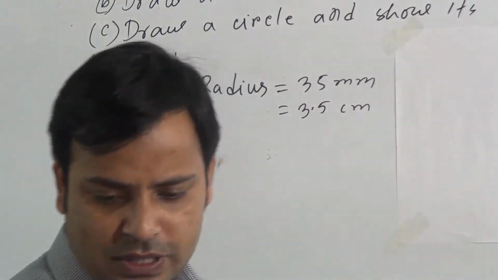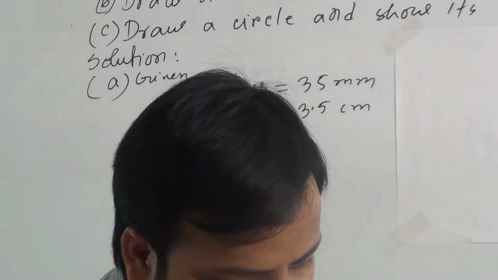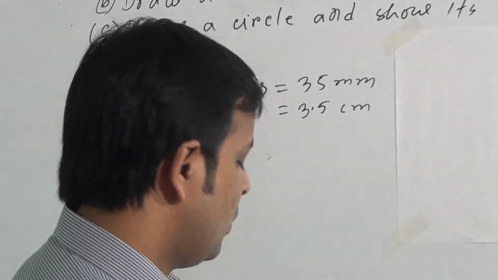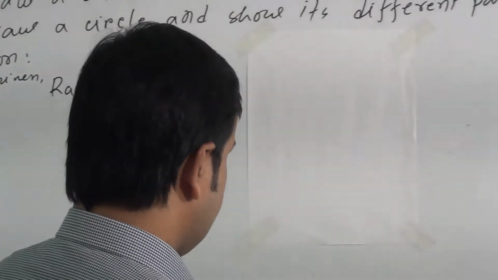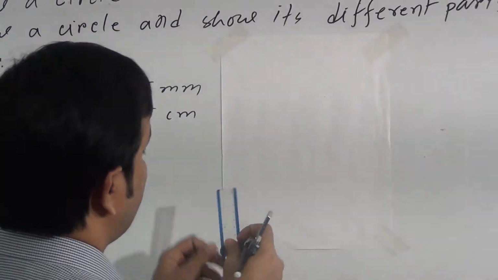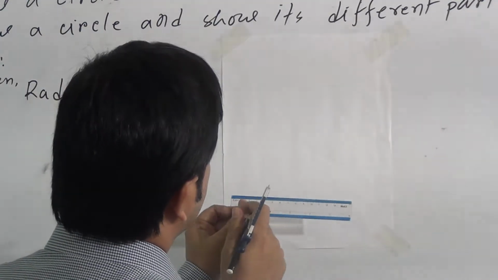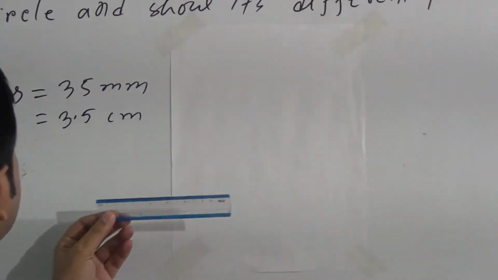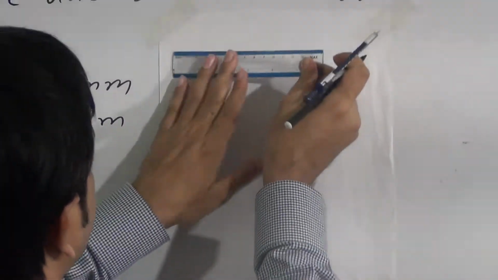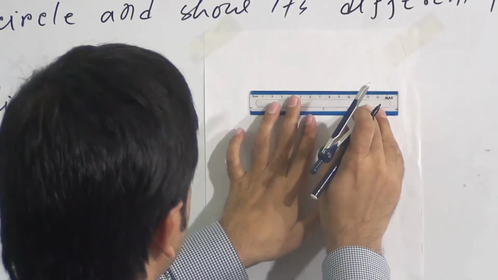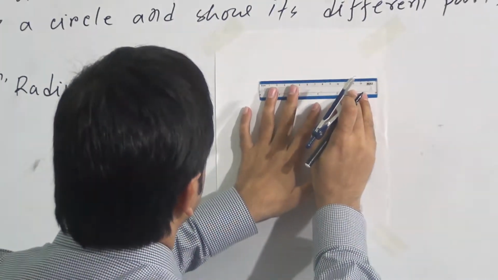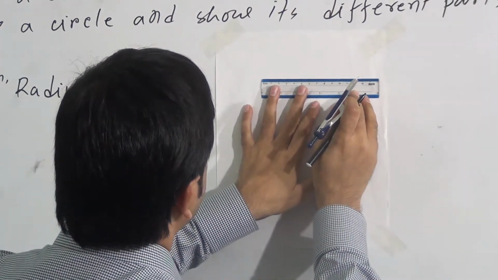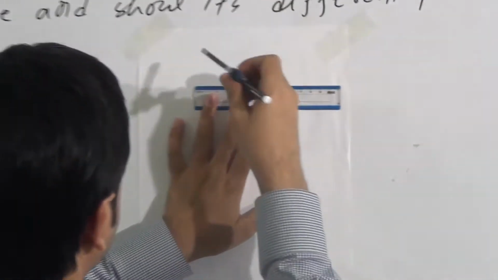Dear students, to draw the circle, we have to take the scale and the pencil compass. Here the centimeter is shown. This is 3.5 centimeter. So at first take a line segment whose length is 3.5 centimeter.